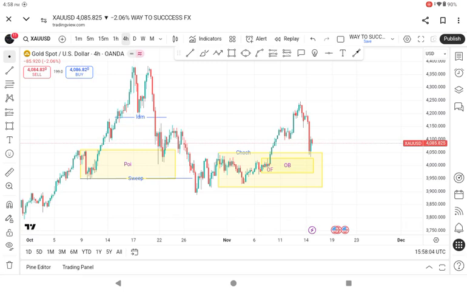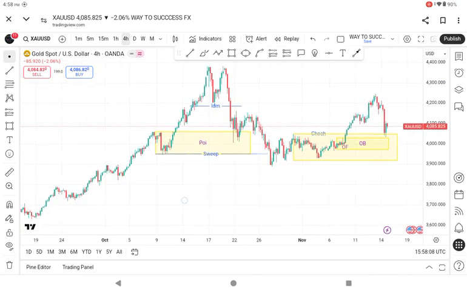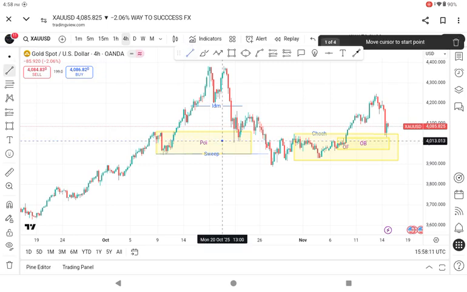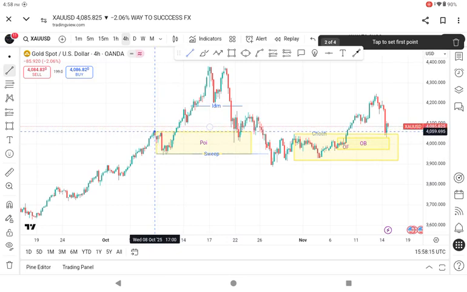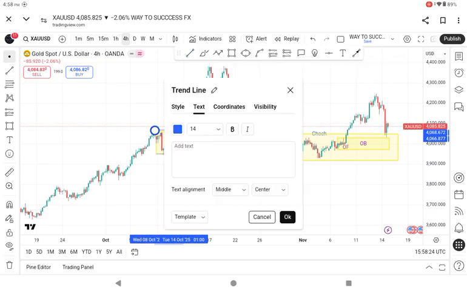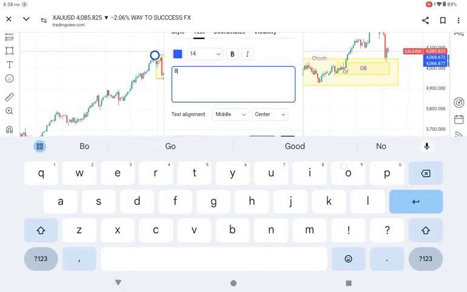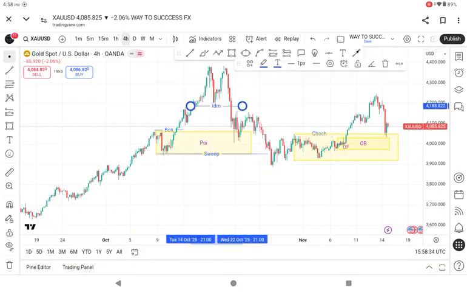So right now, let's analyze what is here in H4. Where is our break of structure? First, our last break of structure happened at this level. Why? Because we have a valid pullback taken out. BOS, break of structure, and this is my inducement.